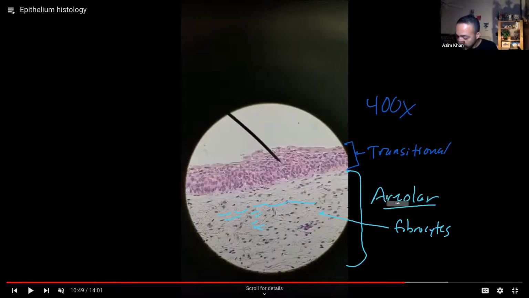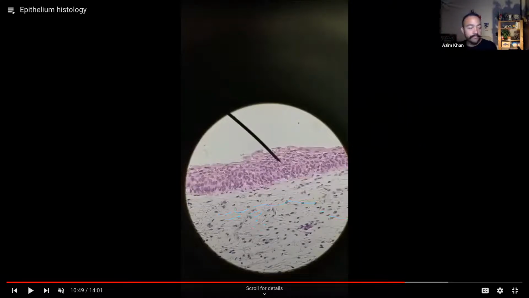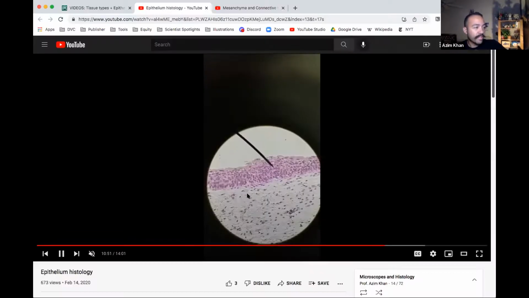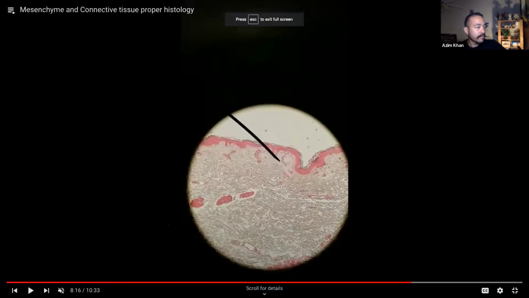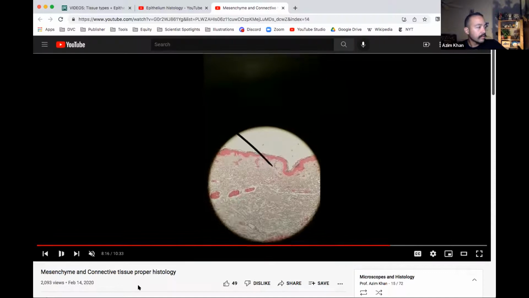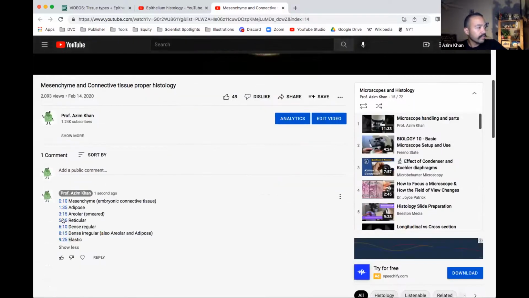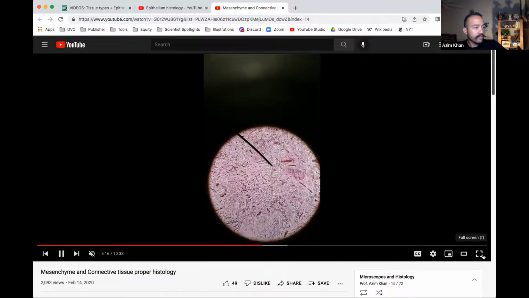This is areolar connective tissue, not smeared, from a slice of tissue. We'll go to another example of areolar coming up, but here is one great example of areolar connective tissue, always deep to any epithelial tissue. Our next one is reticular.